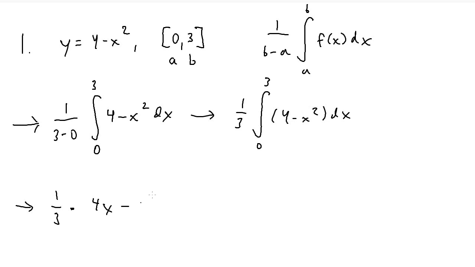So we have 4x minus x cubed over 3, and we're going from the interval from 0 to 3. Then I'll just keep 1/3 outside. When I plug in 3 for x, we'll get 4 times 3, which is 12, minus 3 cubed over 3. 3 cubed is 27, and 27 divided by 3 is 9.